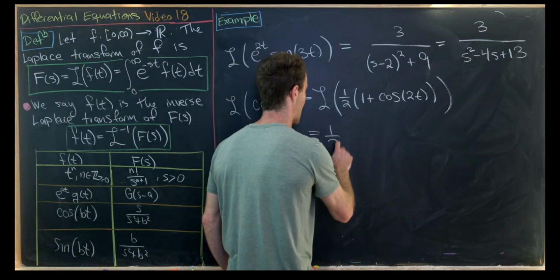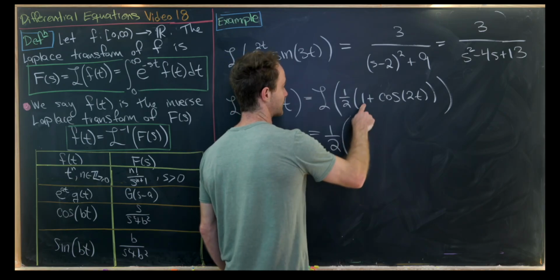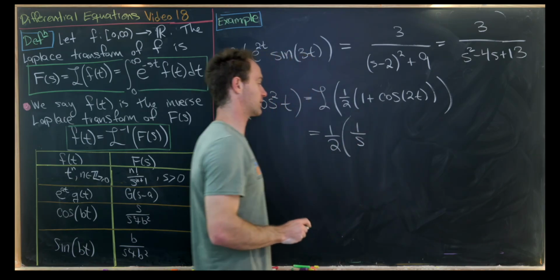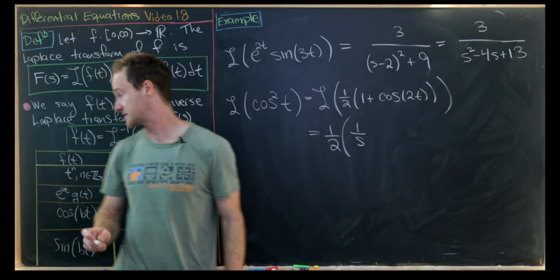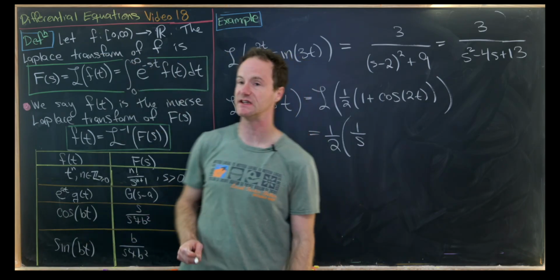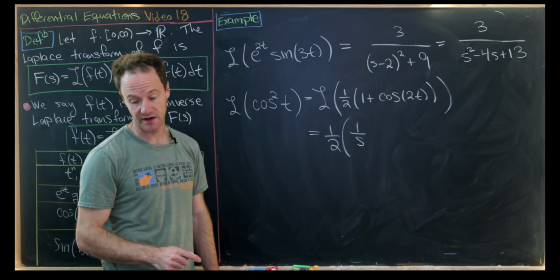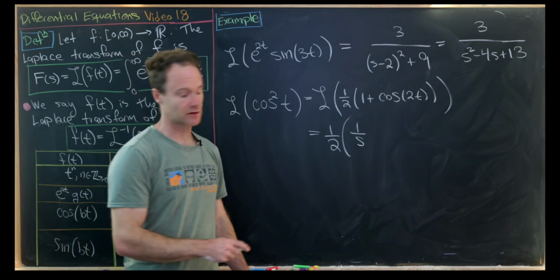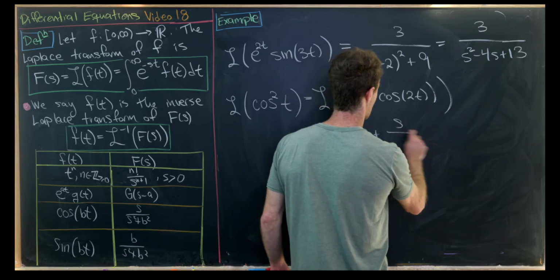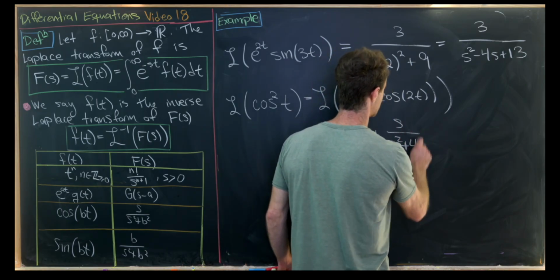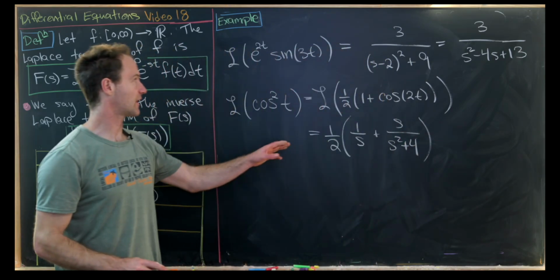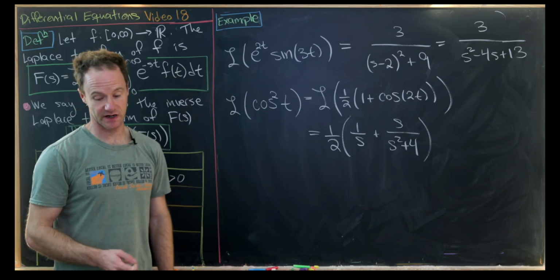That'll give us a half. We'll have the Laplace transform of 1, which is merely 1 over s from our very first example. It's also of this type right here where t is equal to 0. Then we'll have the Laplace transform of cosine of 2t. So that'll give us s over s squared plus 2 squared, which is 4. And there we've got our Laplace transform of cosine squared.